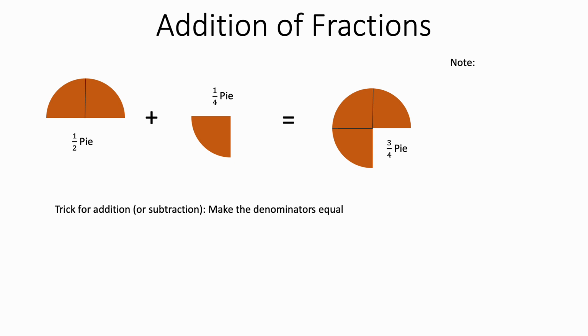Similarly, this is a trick for addition. What you do is you make the denominators equal when you're adding. So half plus 1/4 is equal to how much? All you have to do is, the highest denominator here is 4, so you have to convert this half into 4.